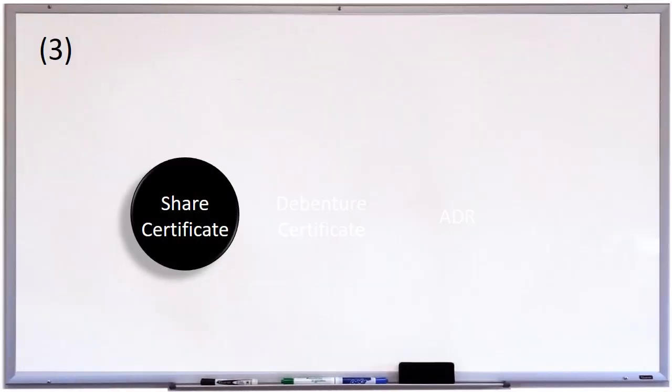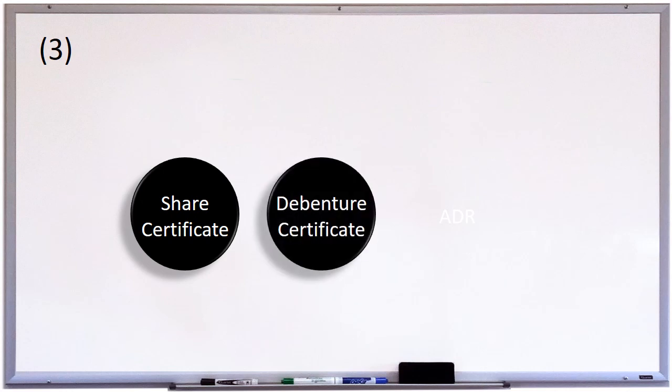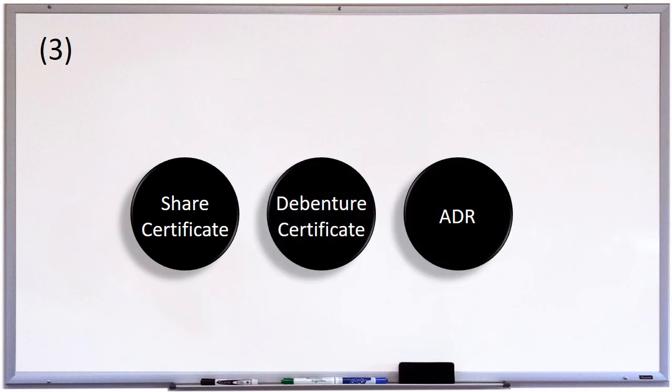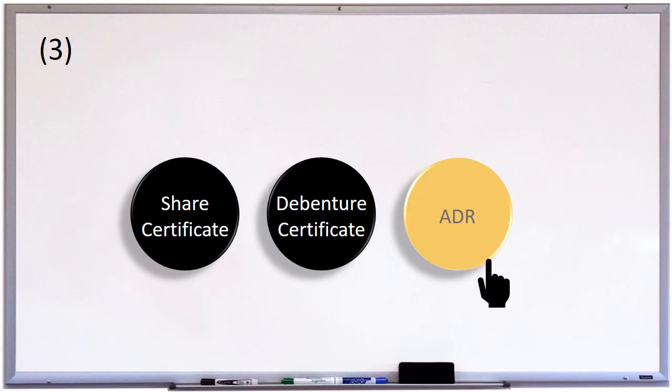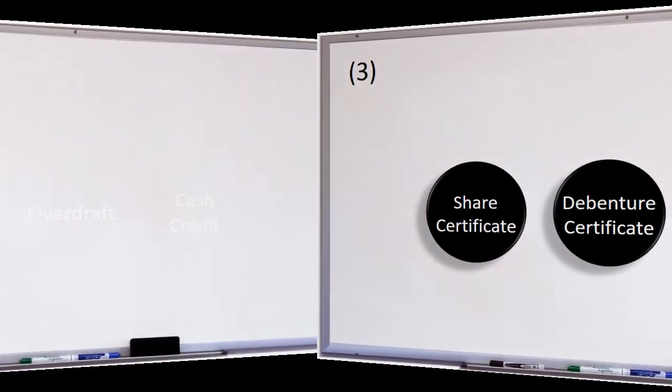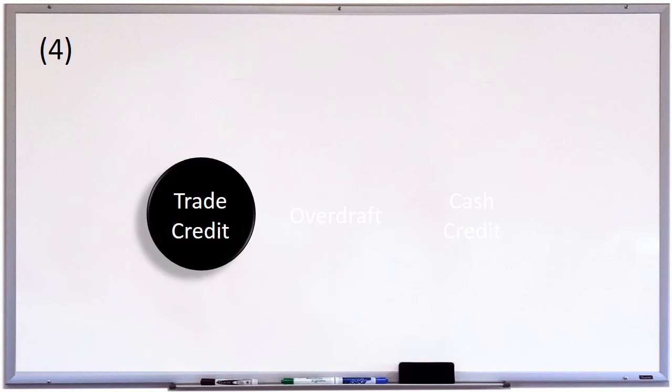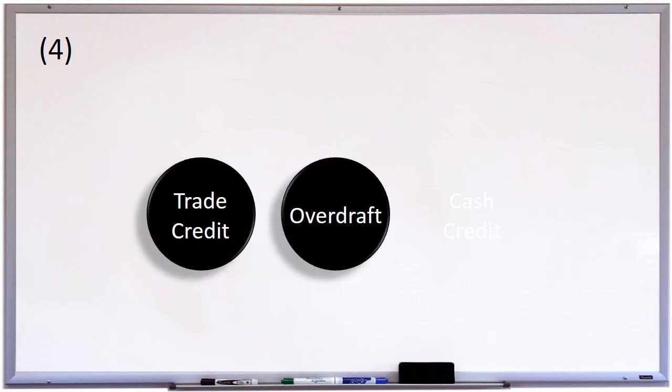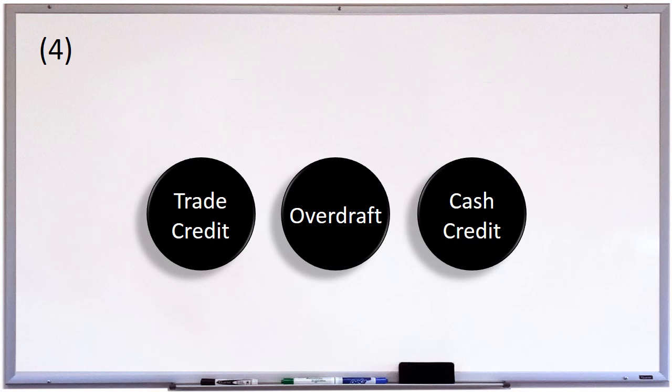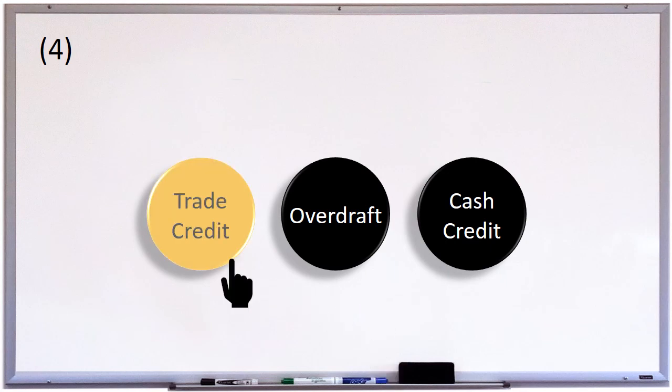Share certificate, debenture certificate, ADR, and the odd one is ADR. Trade credit, overdraft, cash credit, and the odd one is trade credit.